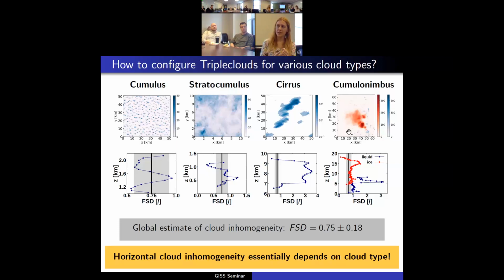And I have intentionally picked these cloud field case studies so that they were more or less maximally overlapped. So I searched for the situations with weak vertical wind shear so that I could address them with my version of the Tripleclouds solver. And so I could really focus on the cloud inhomogeneity problem and eliminate a problem which I have with vertical cloud structures.